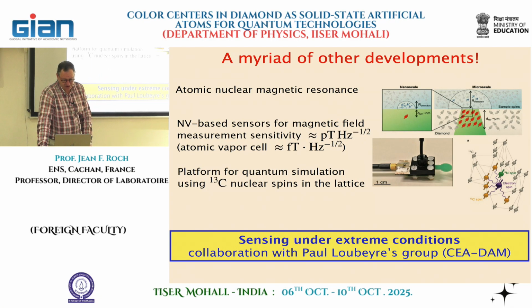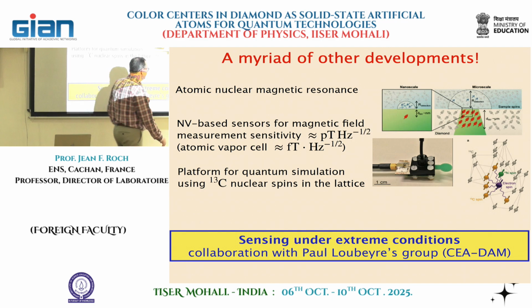Then you can also, this is a beautiful work done in Delft and in Stuttgart, in the teams of Tim Taminiau and Jörg Wrachtrup, where people have used the coupling to a nuclear spin. I will just describe a little bit how this coupling can be done.